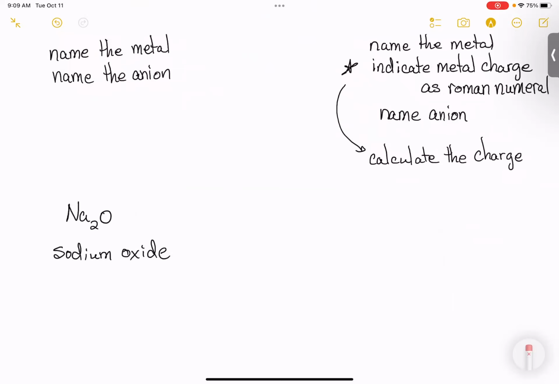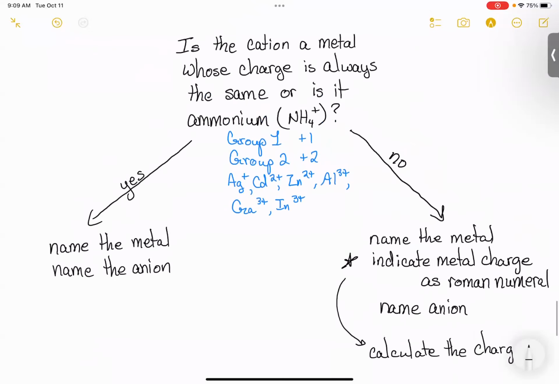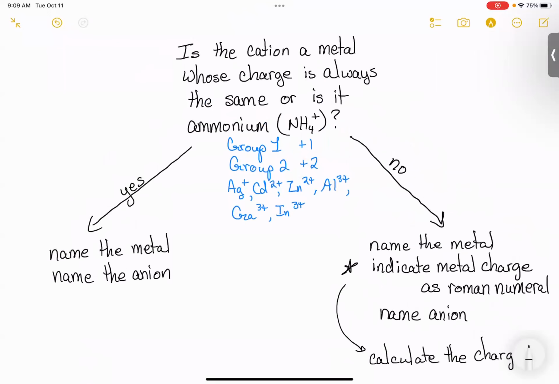How about TiO2? Is the cation a metal that always has the same charge?